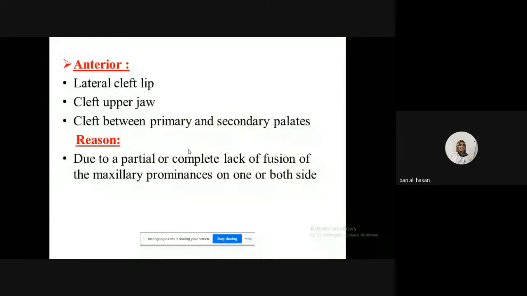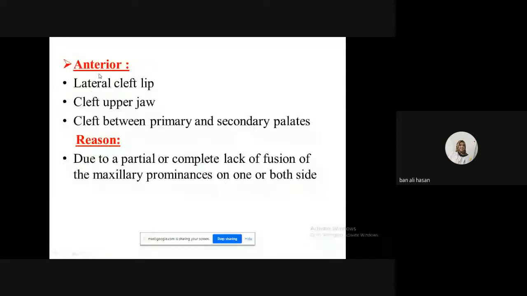For anterior clefts, we have three types: lateral cleft lip, cleft upper jaw, and a cleft between the primary and secondary palates. This is regarding the anterior part of the mouth.